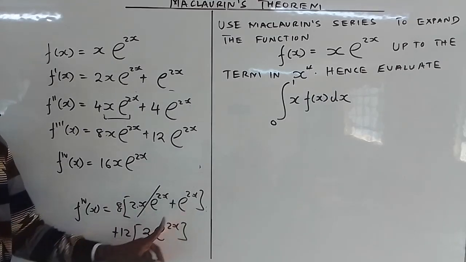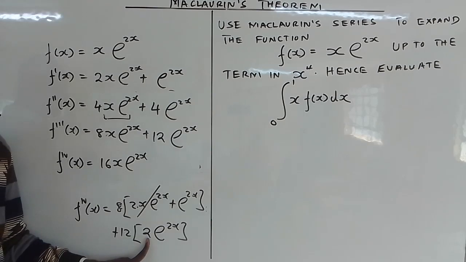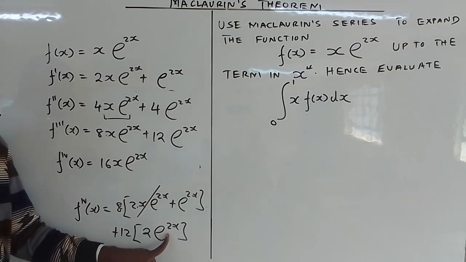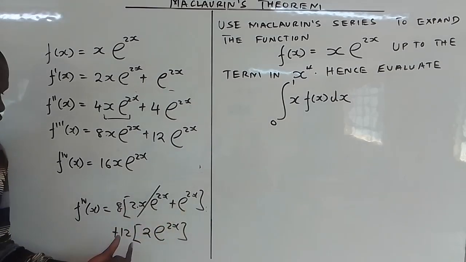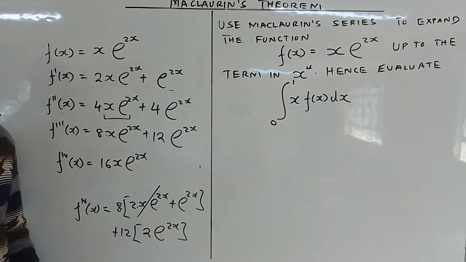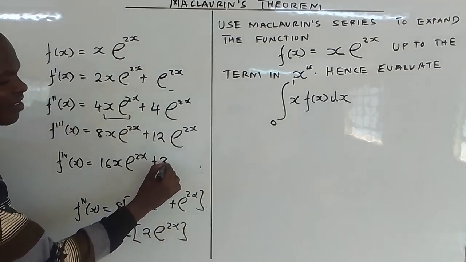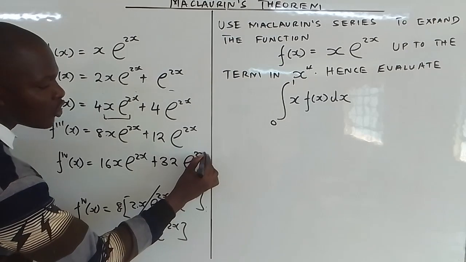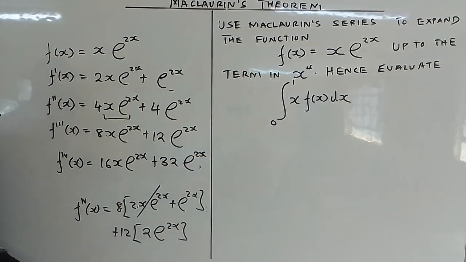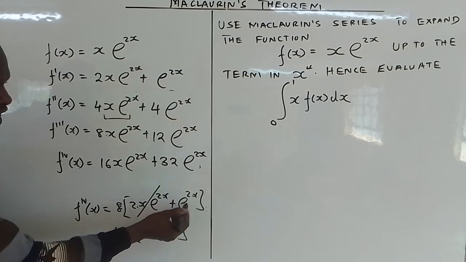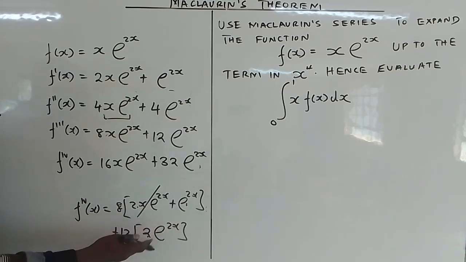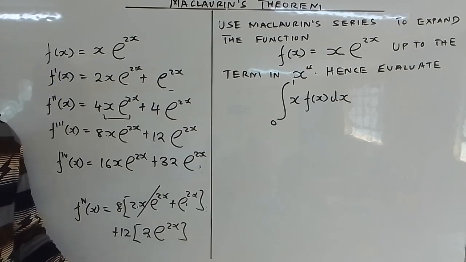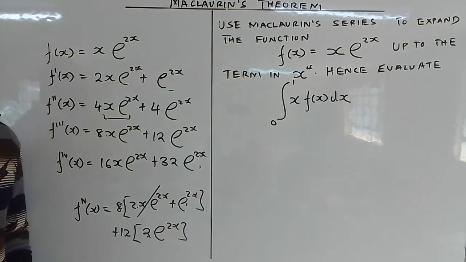Then this is 12 times 2, 24 exponential 2x. So 8 exponential 2x plus 24 exponential 2x, you have a total of 32 exponential 2x. So you've simplified it, isn't it?